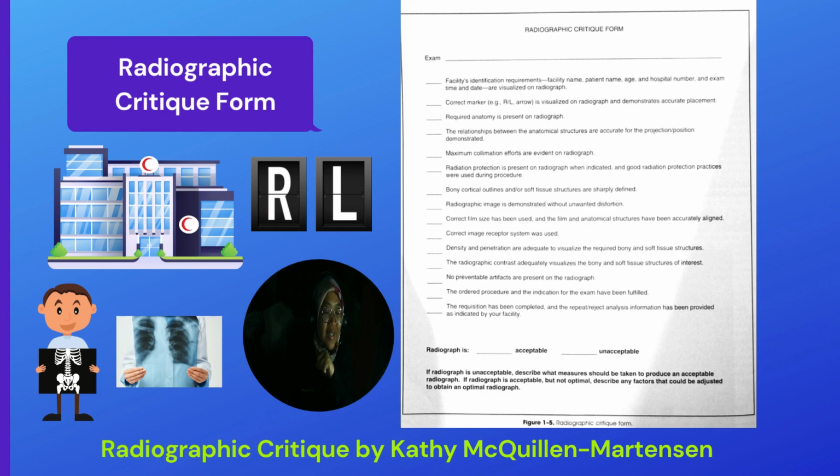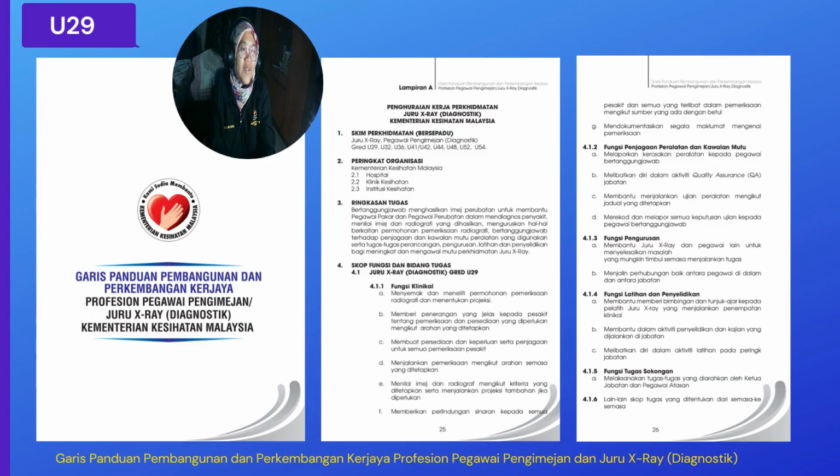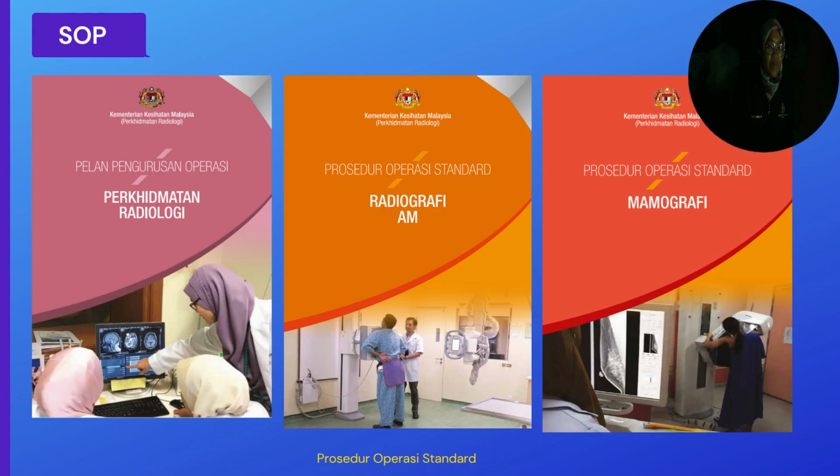You can use it to improve the practice. Okay, this is to share that there is SOP about our career from U29 until 52, if I'm not mistaken, in this book that you can search in the website of Allied Health Science Division, Ministry of Health, Malaysia, as your reference and guideline.